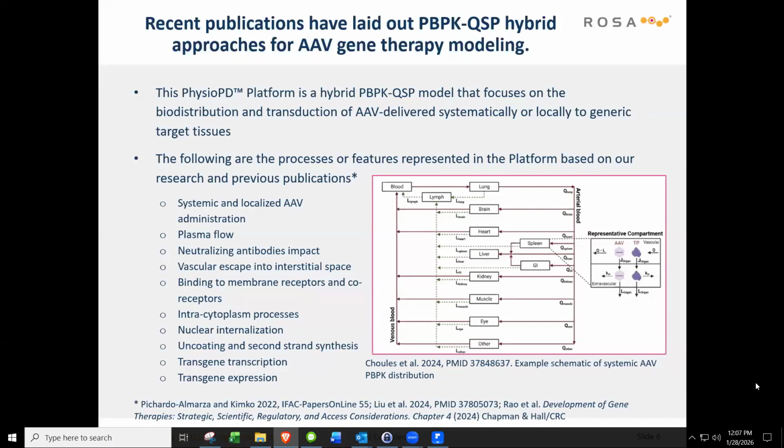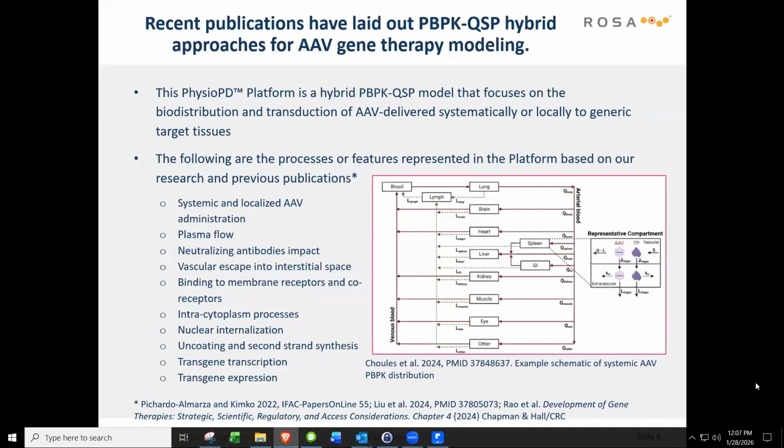Now, the following are the processes or features represented in the platform based on our research and previous publications. Some of them are already modeled in previous models or publications, but we added additional features. Now, these are, for example, systemic and localized AAV administration.